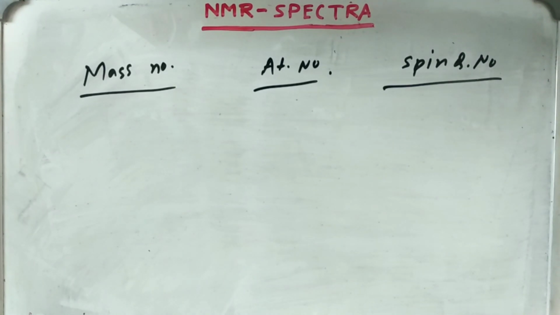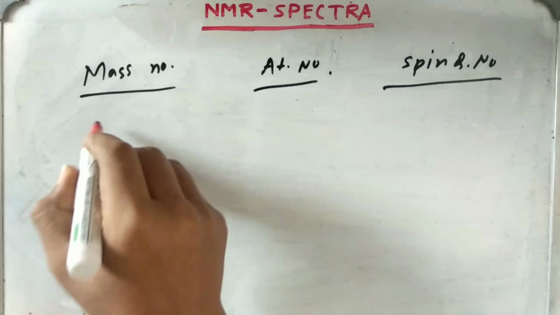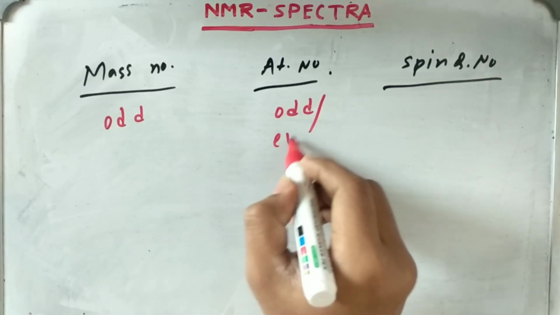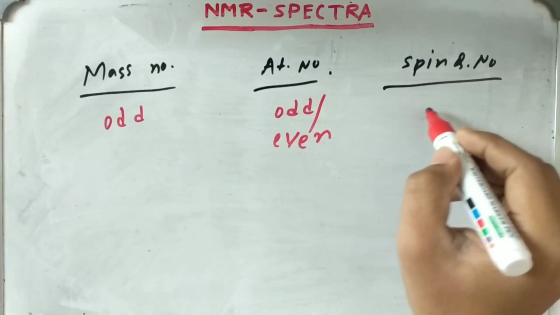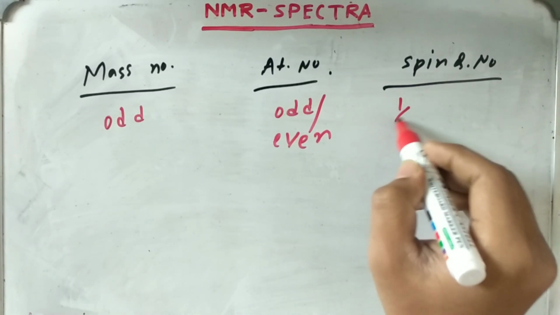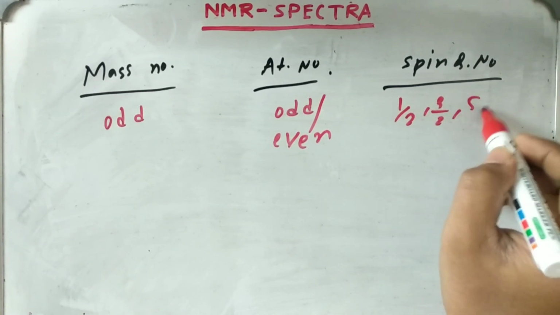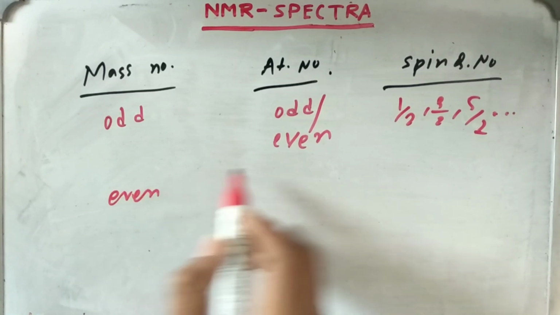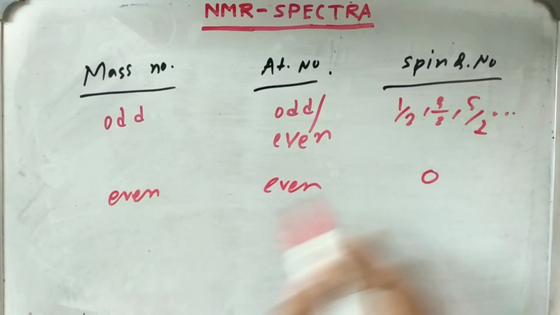If mass number is odd, atomic number is odd or even, then spin quantum number will be positive, that is maybe half, 3/2, 5/2, etc. If mass number is even and atomic number is also even, then it will be 0.